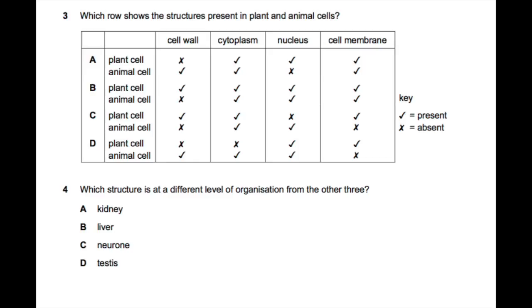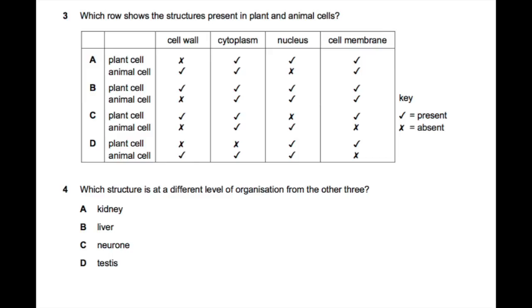Plant cells hold a cell wall and they hold cytoplasm, a nucleus, and also a cell membrane. While animal cells do not have a cell wall, that is why they have an irregular shape, though they do have cytoplasm, nucleus, and cell membrane. To remind you, a nucleus is the brain of the cell itself. So this leads to B being the answer for question 3.